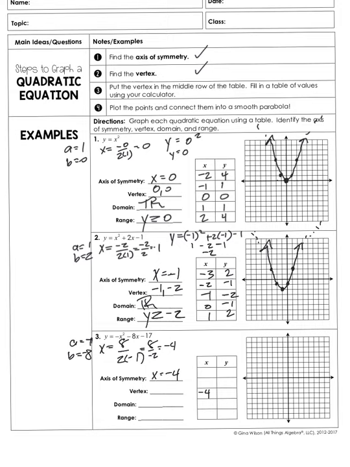Now to find the vertex, we plug in negative 4 and solve for y. So y equals negative 4 squared minus 8 times negative 4 minus 17. Negative 4 squared is positive 16 times negative 1 is negative 16. Negative 8 times negative 4 is positive 32.